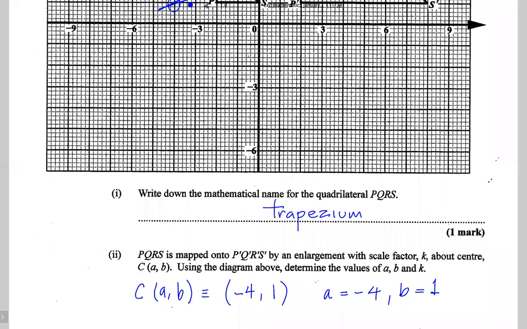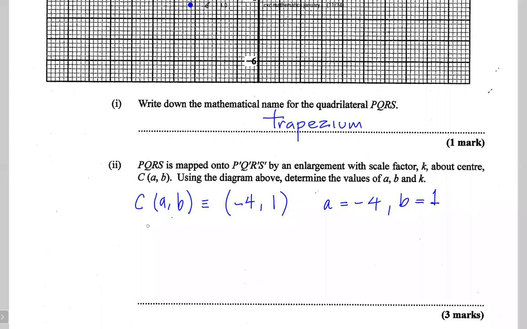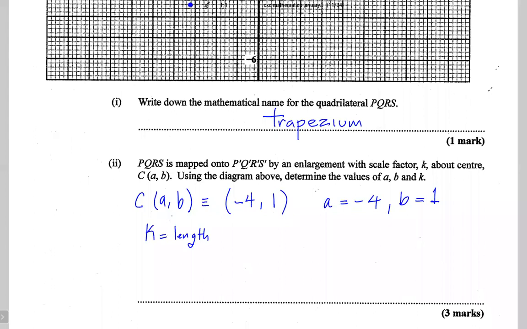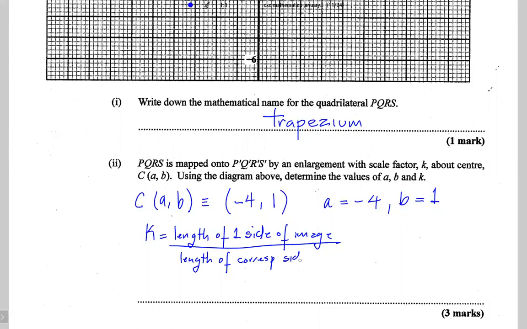The next thing we're asked to find is K, and K is the scale factor. Now, the scale factor K would be equal to the length of one side of the image over the length of the corresponding side on the object.